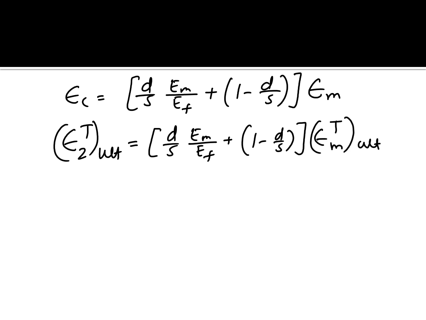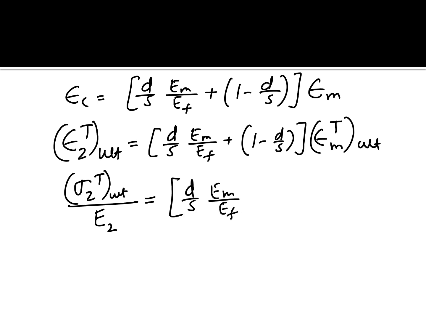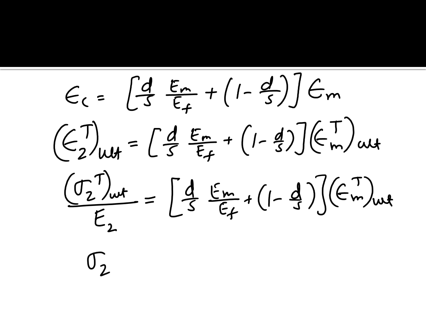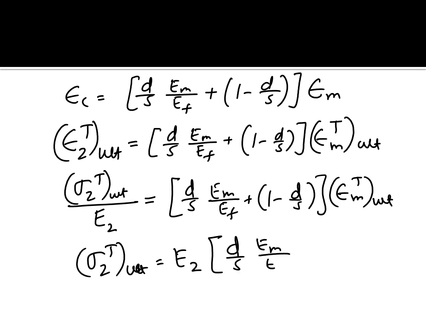And since the strain in direction 2 is given by the stress in direction 2 divided by the Young's modulus E_2, I will get this. Hence, sigma_2t ultimate will be equal to this as our final expression to find the ultimate tensile strength in direction 2.